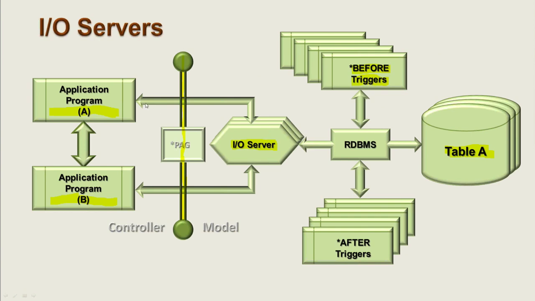They manage the access of the applications to the database under control of the triggers, both before and after. And the I/O servers may react to a particular trigger issue on behalf of the application, i.e. the I/O server may not even let a particular problem get back to the application program. It may fix it there. We'll have a look at some examples.